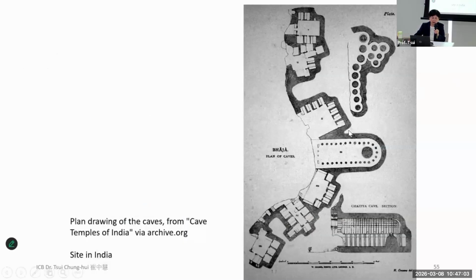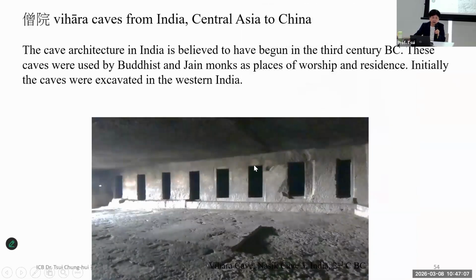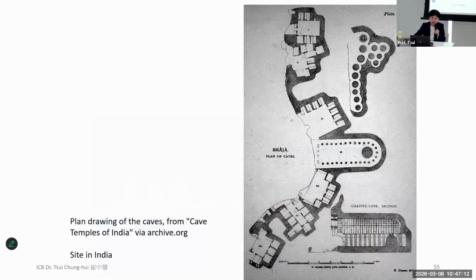And this type of cave was usually designed in a group. In India, based on the floor map, this is from Bhaja cave. We have the Chaitya cave designed side by side with the vihara together.